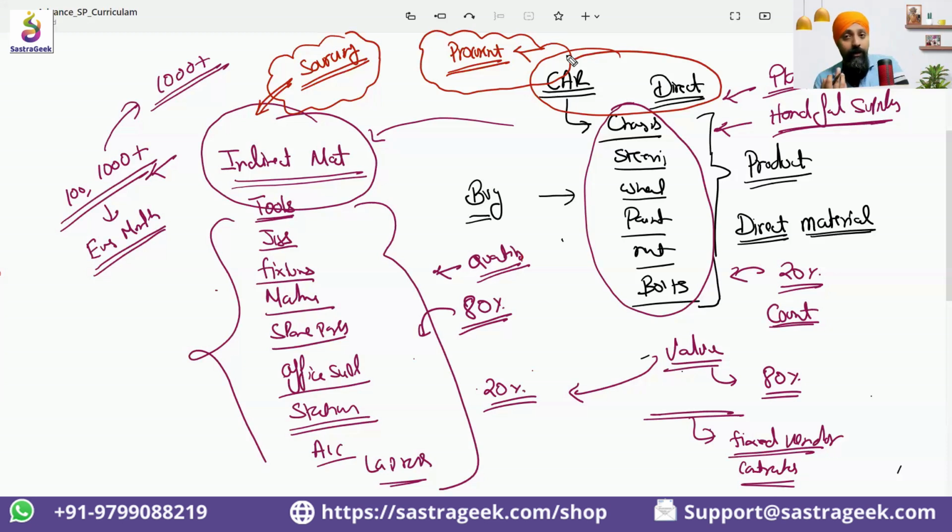If I'm into direct material, I should have functionalities which can support the procurement part and P2P, and how this P2P cycle can integrate with finance, with planning, and with sales, so that I come to know how much material needs to be bought on a monthly basis from the planning side. So those are the two differences you need to understand, and then we'll talk about which one can fit where.